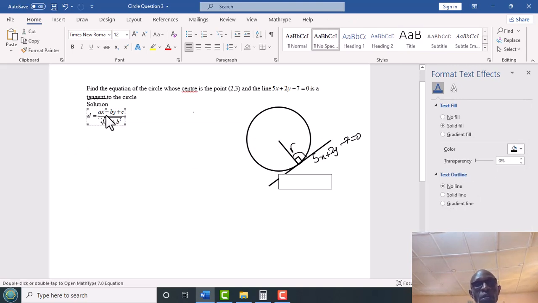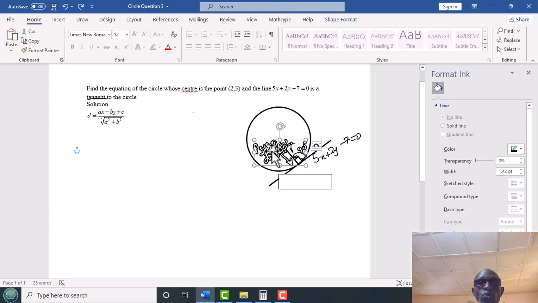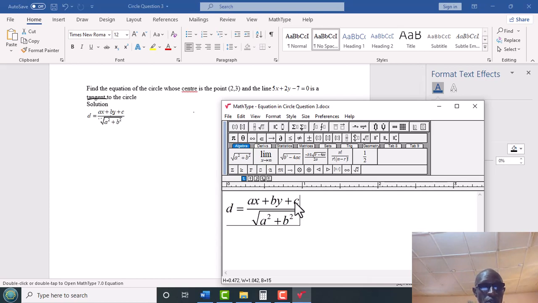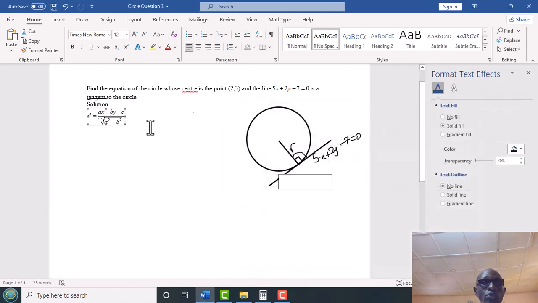In this case, the perpendicular distance will be our radius. So now that's the formula for perpendicular distance. So let's start the question.